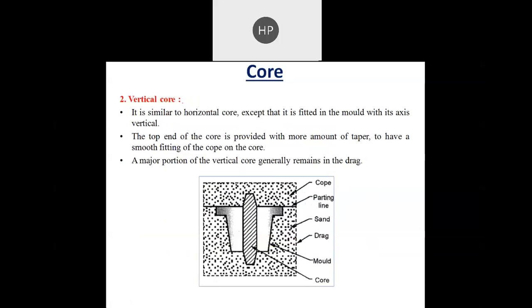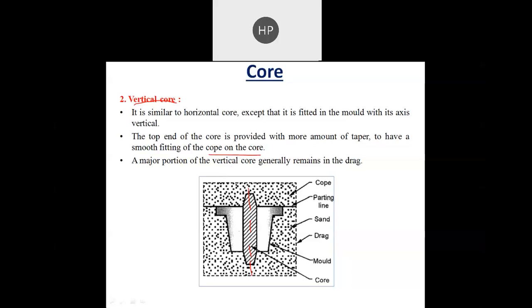Then second is the vertical core. It is similar to the horizontal core except that it is fitted in the mold with its axis vertical. This is the axis of the vertical core. The top end of the core is provided with more taper to have a smooth fitting of the cope on the core.